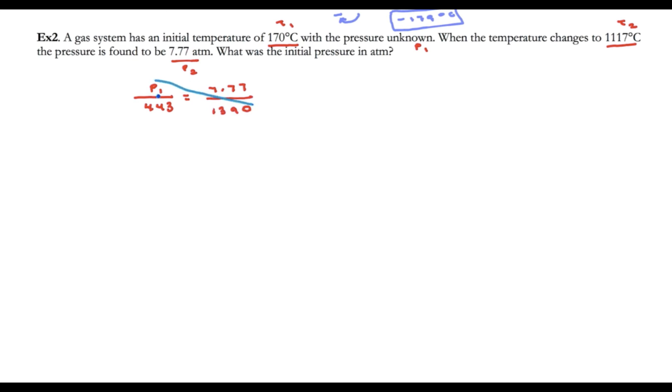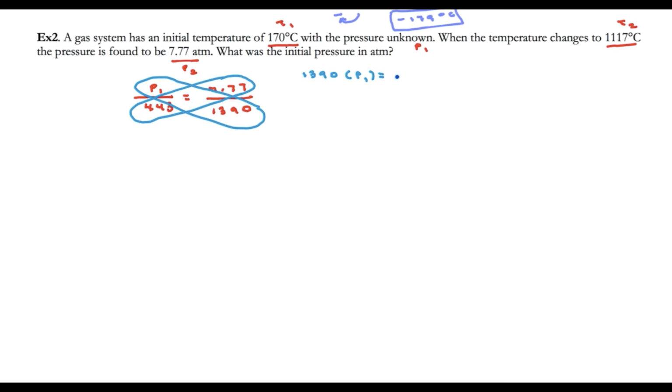So I'm going to cross multiply. Okay, so 1,390 times P1 equals 443 times 7.77.